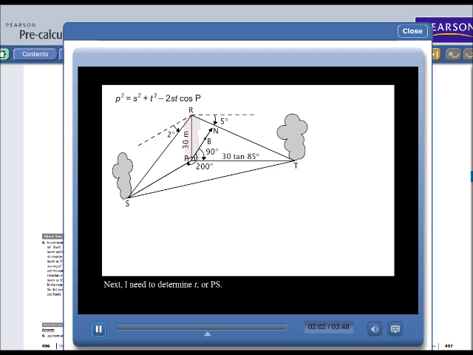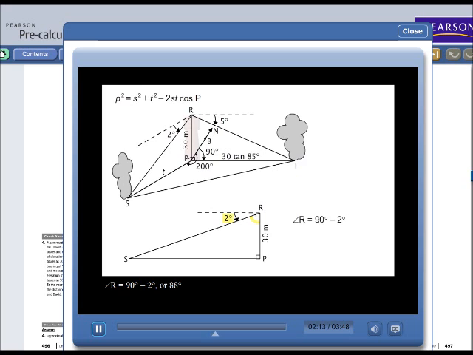Next, I need to determine T, or PS. I'll use right triangle RPS. Angle R is 90 degrees, subtract 2 degrees, or 88 degrees. I'll use the tan ratio to determine PS. Angle R is 88 degrees.